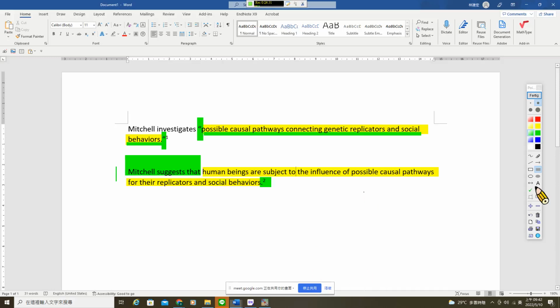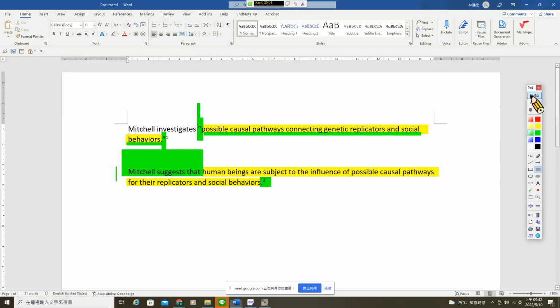So basically, we still mark the boundaries. This is the beginning, and this is the ending, and we know this is the citation. Even though we use indirect quote, we do not quote word by word. Instead, we use her idea. So this is one way for us to do.